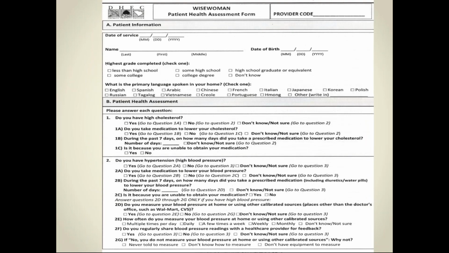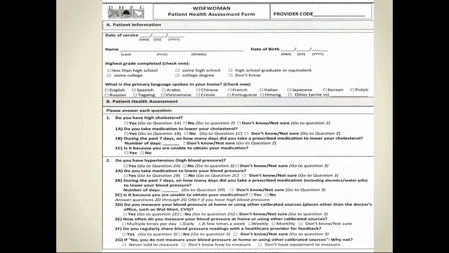For questions 1 through 3, there seems to be confusion or misunderstanding on how to fill those questions out. Let's take question 2, for example. Question 2 asks, do you have hypertension? If your answer is no, you would check no and skip to the next question.